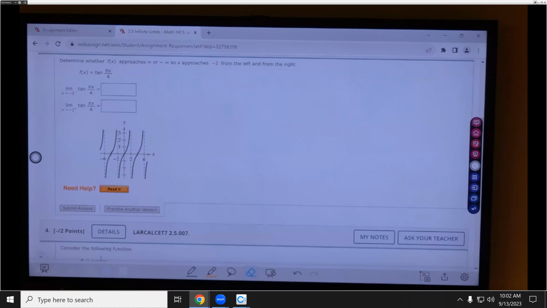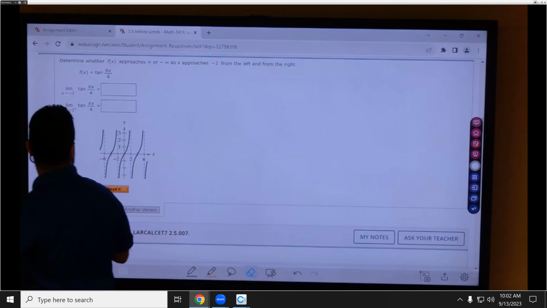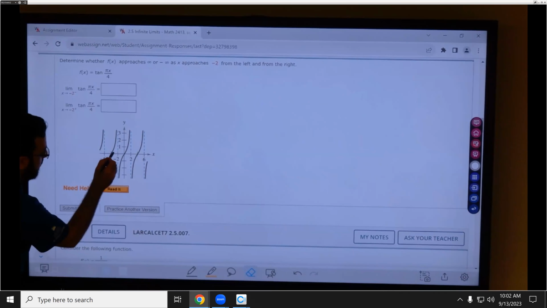Okay, don't confuse yourself, it's a tangent. I have the graph, and again, you have two ways: you graph it, or you create a table. I have the graph, they ask you the limit at negative 2 from the left side. So I'm not gonna look here, I'm gonna look only at this part.